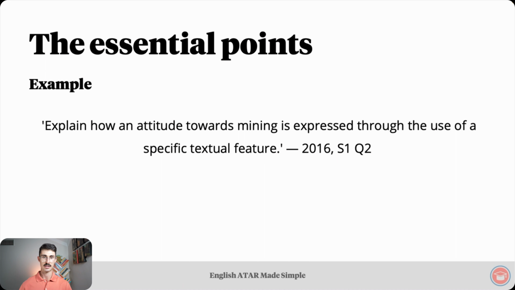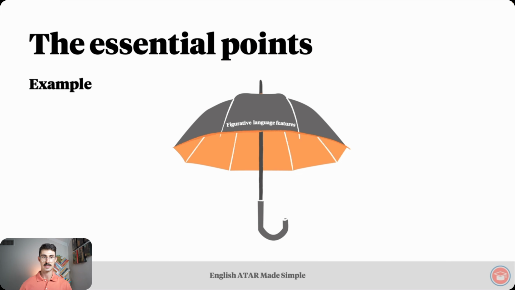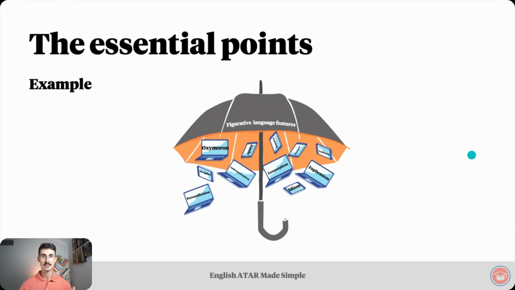This is coming from the 2016 WASTE exam, specifically section 1, question 2. Here we have the feature being figurative language features. Then the devices or techniques are the things that come under the umbrella. As we can see, some devices of figurative language features are personification, metaphor, oxymoron, anthropomorphism, simile, and so on and so forth.